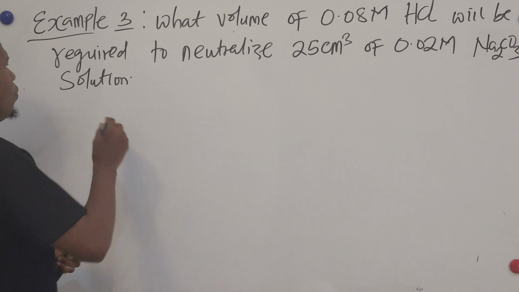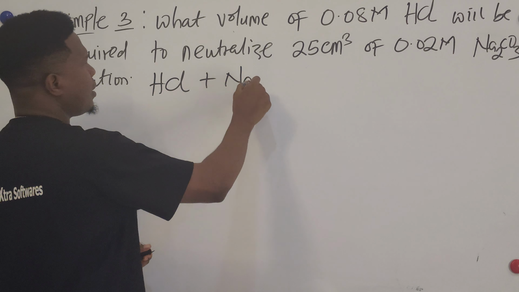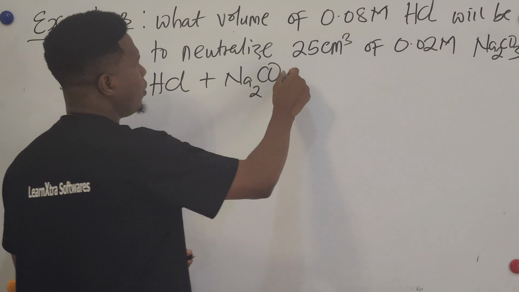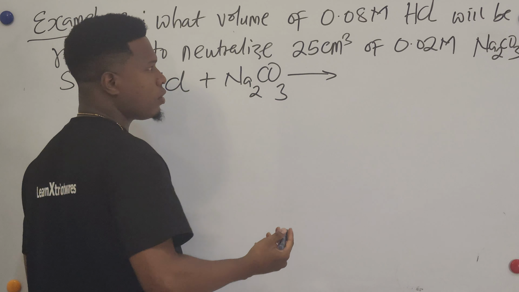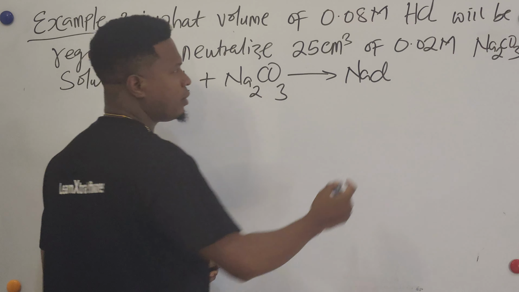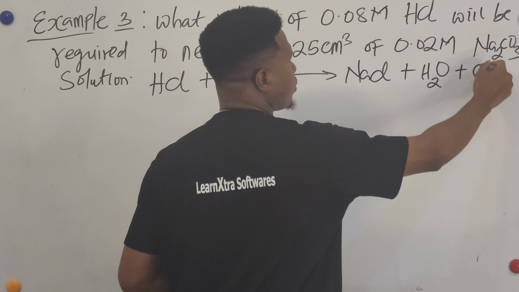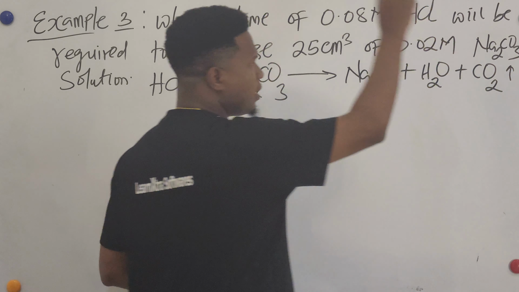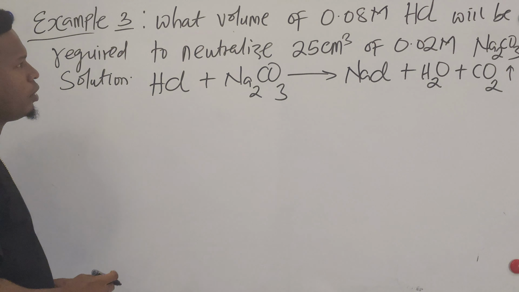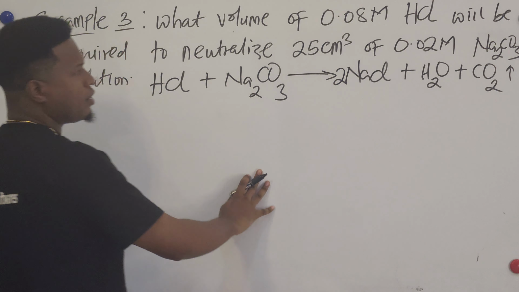Watch. When you react HCl plus carbonate, you have your salt, which is going to be sodium chloride, water, and a gas is always given out. The gas is carbon(IV) oxide. Balancing this equation, you have to put 2 here to balance the sodium.